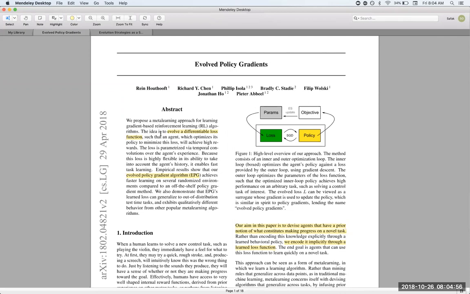Here it says the idea is to evolve a differentiable loss function such that an agent which optimizes its policy to minimize this loss will achieve higher rewards.